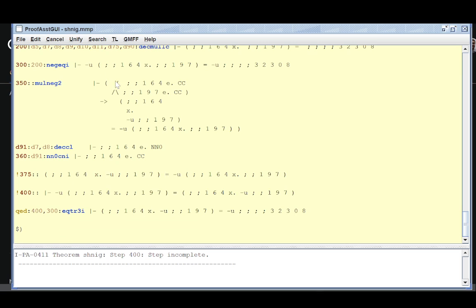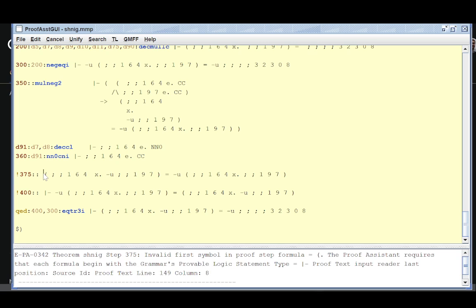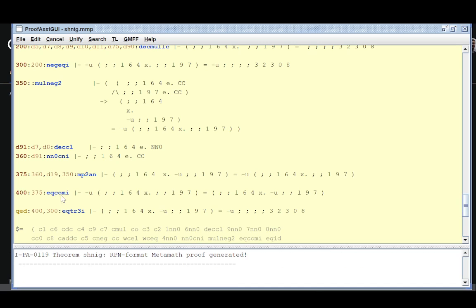It doesn't need these things, because basically what it's saying is that if this and this are true, then this is true. And I've shown it, yeah, 164 is CC and 197 is CC, and therefore invalid first symbol. Okay, let's try that again. Yeah. Okay, so that was saying, I've proven both of these things, so therefore this statement is true on its own. And if this statement is true on its own, then this statement is true.